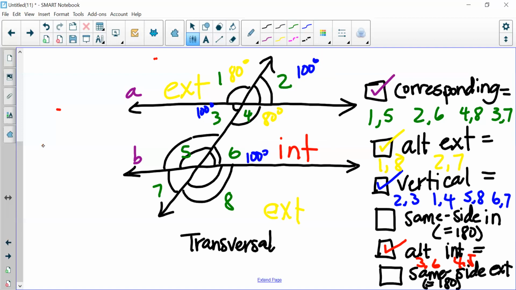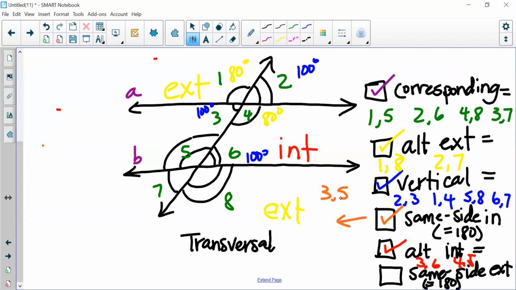So look, if we're talking about interior, we're only looking at these 4 angles right here, okay? Y'all, what does same side mean? They're on the same side of the transversal, okay? So tell me, what angle is same side interior to angle 3? Good. Okay.